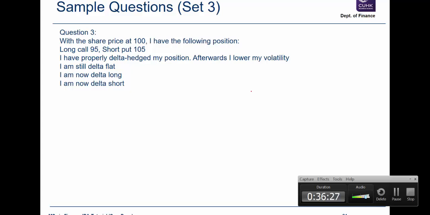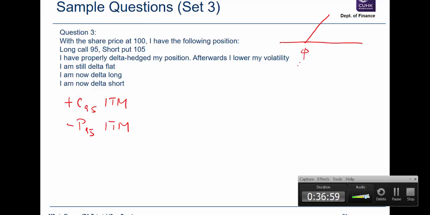I do know the answer, but I'm trying to think of a good way to explain this to you. All right, so you're long a call 95, which is in the money, and you are short a put 95, which is also in the money. Now, actually, your payoff looks like this.